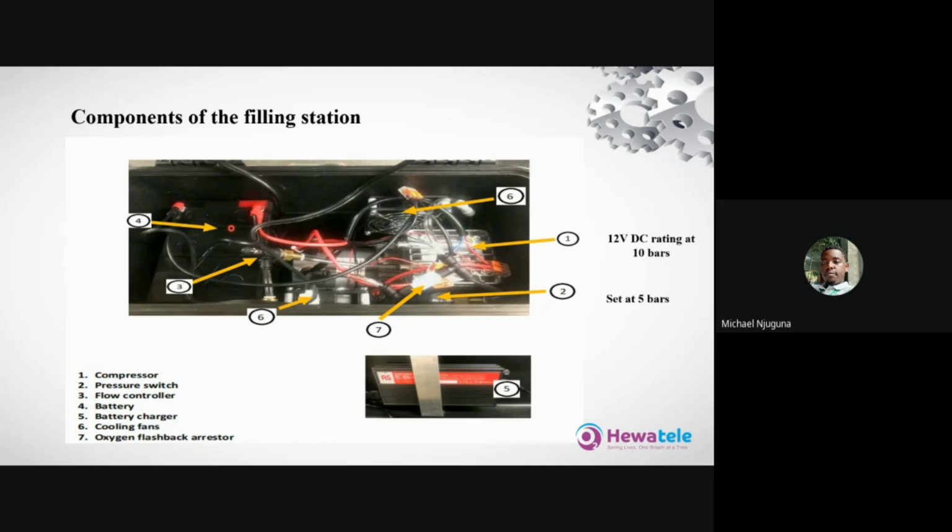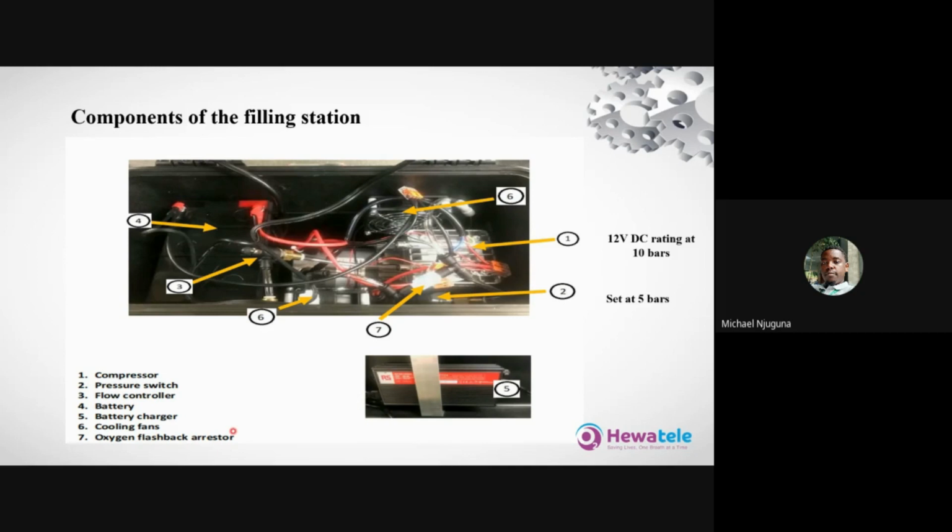The compressor is not driven by power coming from the socket, but the battery is the driving energy of the compressor. Number 5 is the power supply unit, or rather the charging unit. This charging unit charges the battery.